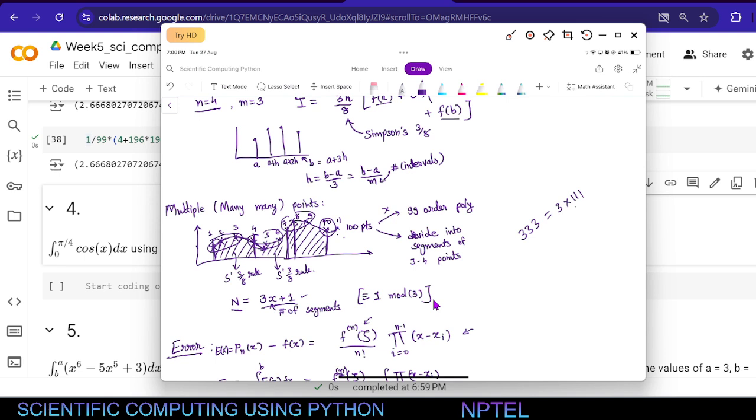So we can divide it into 111 segments, but then we should have one extra point. So we should use 334 points. I don't know, probably there is some typo here, or maybe they meant something different, but we are going to treat the total number of points to be 334. That's the closest to 333 which is of this form.